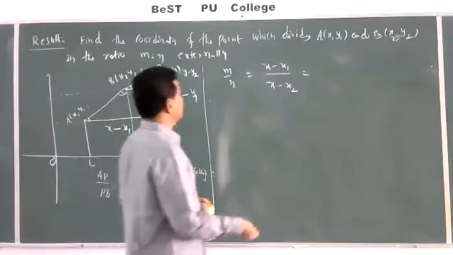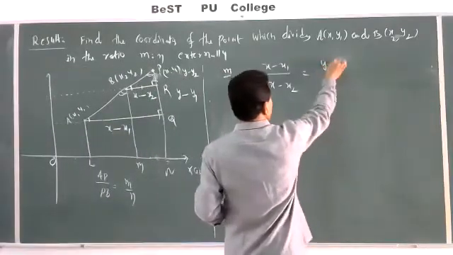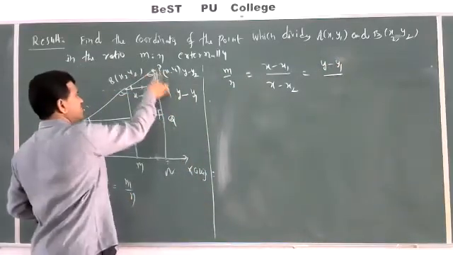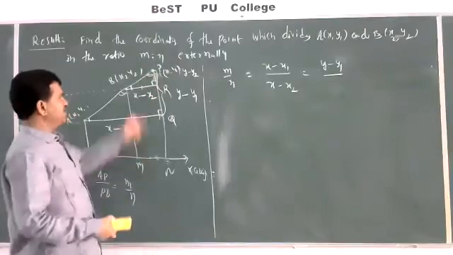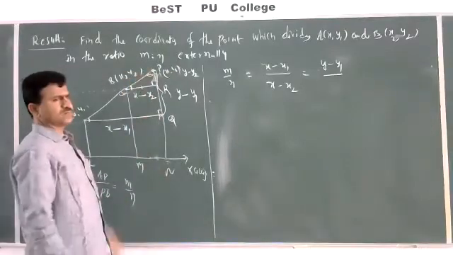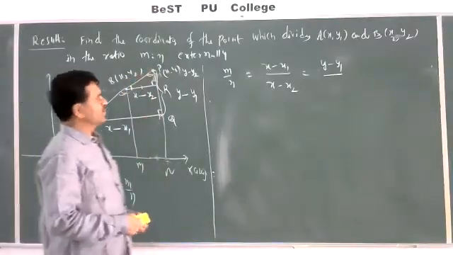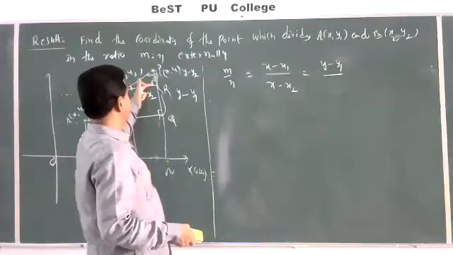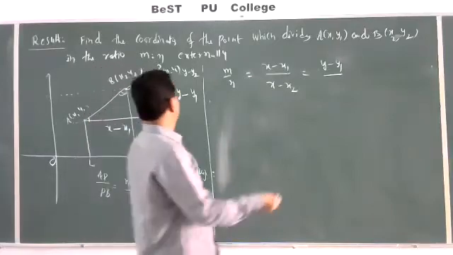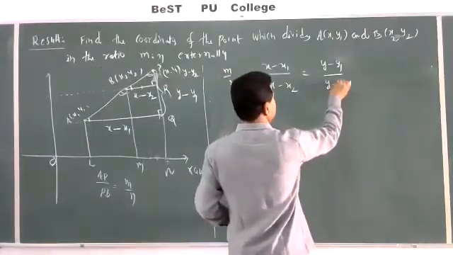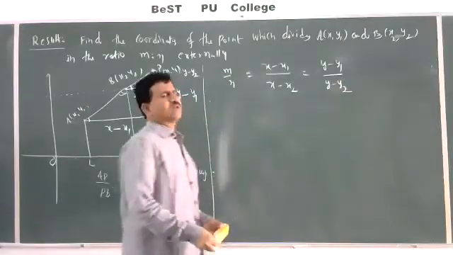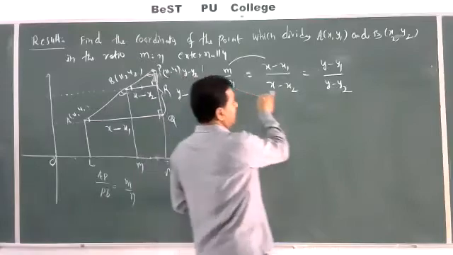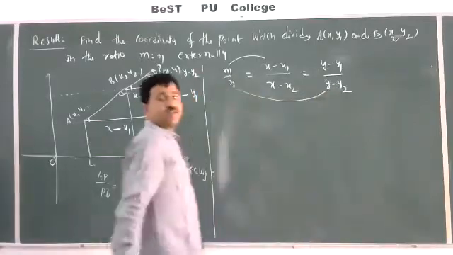PQ value y minus y1 by, next, PR value, PN minus RN, that is y minus y2. So from this one, equating first two conditions, we'll get the x value. Equating these two, we'll get the y value.